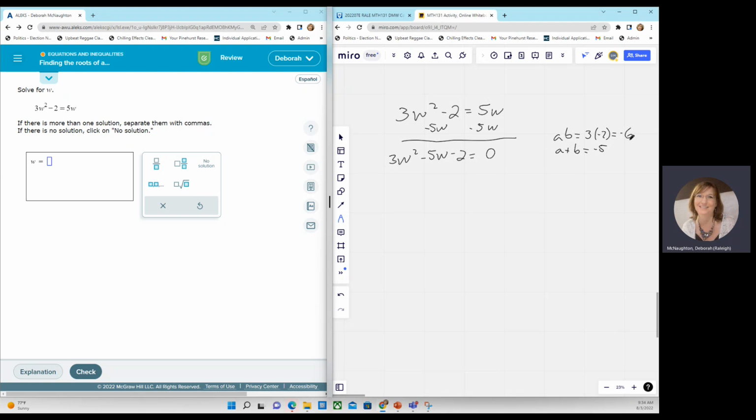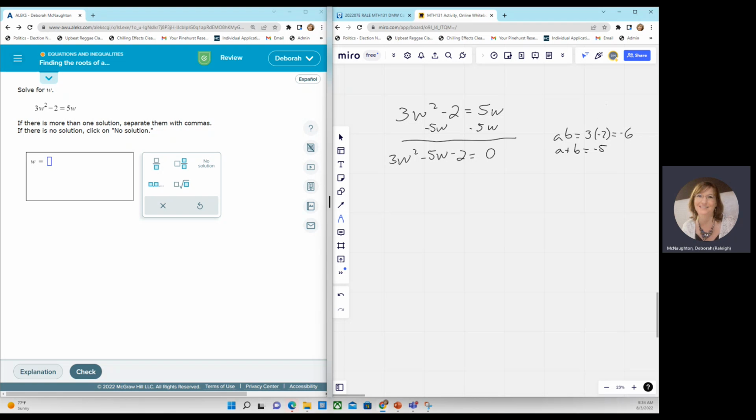Since the product is negative, one needs to be positive and one negative, and then they need to add to -5.